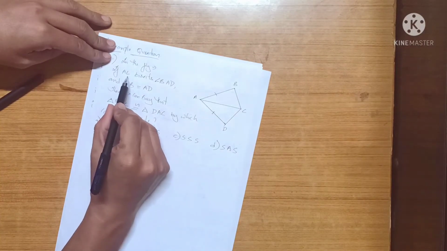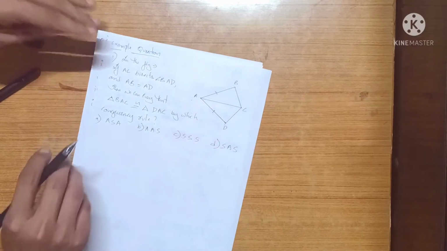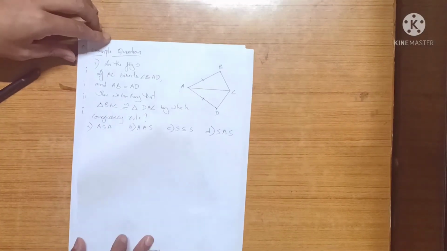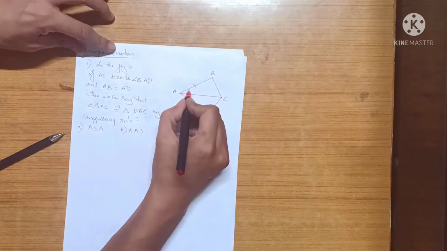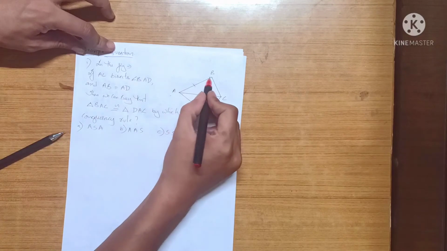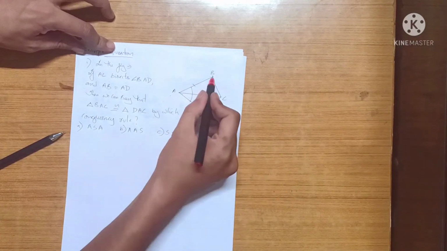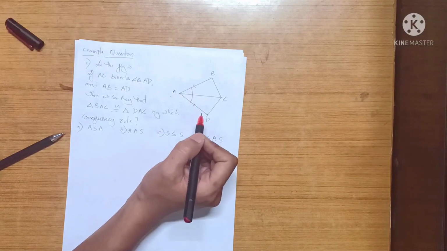So if AC bisects angle BAD, what do you understand by the term bisect? Bisect means dividing an angle into two equal parts, which means BAD is the whole thing. This whole angle is called BAD.